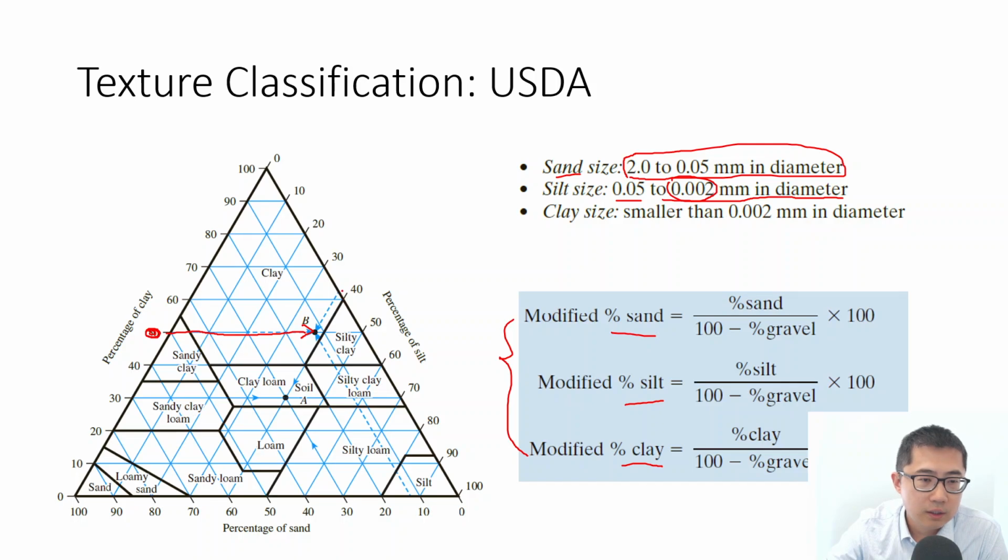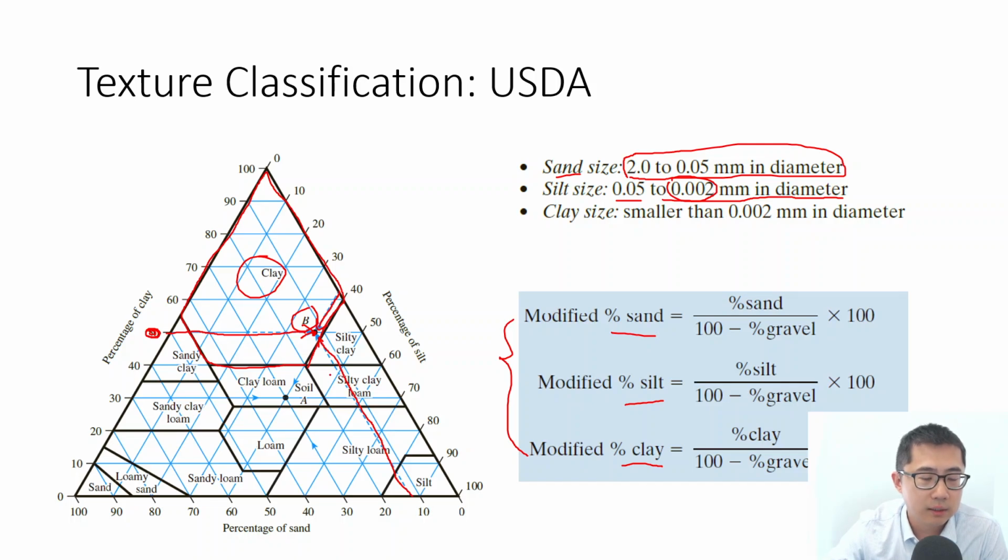Then you also have about, let's say, 11 percent of silt, and you come this way, and the rest is 30 or 40 something percent of sand, and that will put you into here, into this weird shape, and the B over here is clearly clay.